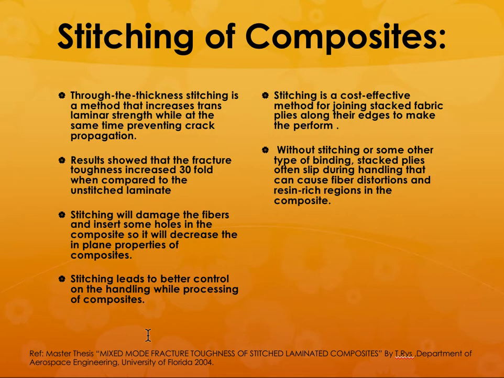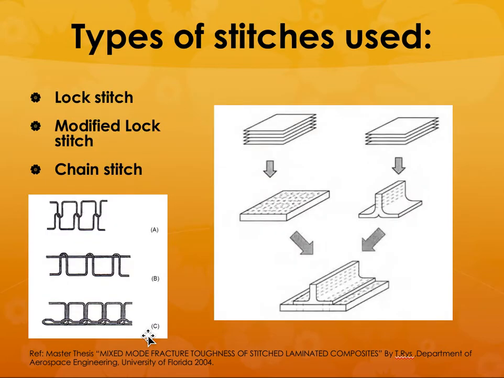So the other joining method is called stitching. You can do stitching of the composite layers, but in this case you may not do complete curing of the face sheets. So you do the joining before the face sheets are cured. So what kinds of stitches are used?